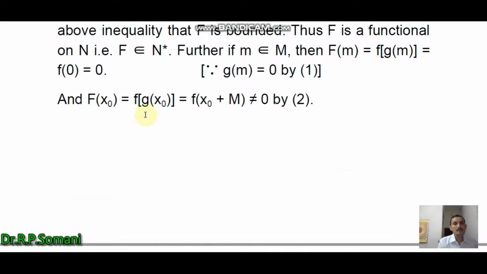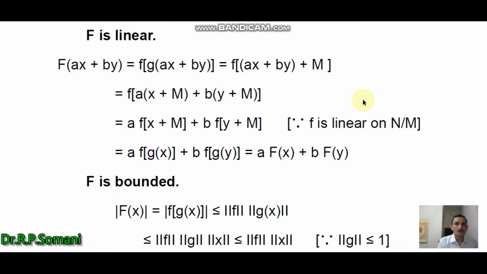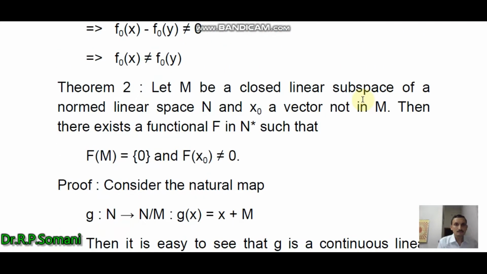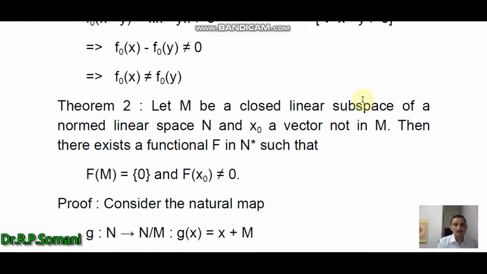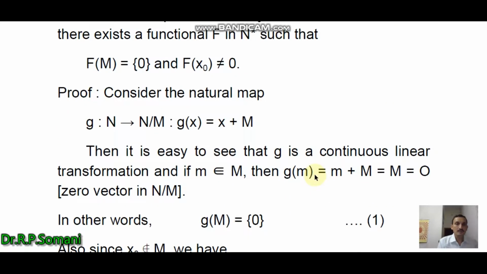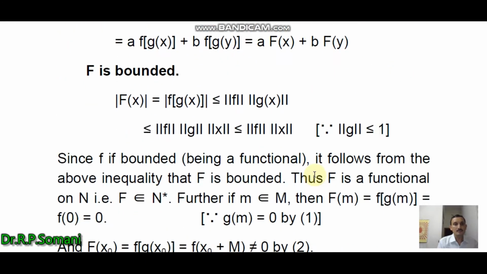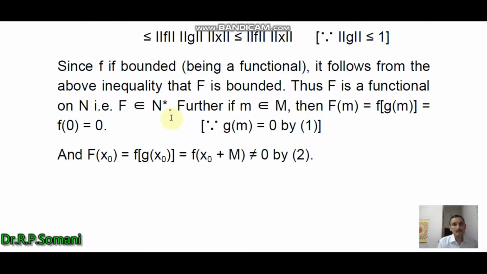So we obtained such a mapping f for which f(x0) is not equal to 0 and f(M) = 0. So we have found such a mapping f which is linear, bounded, and such that f(M) is equal to 0 and f(x0) is not equal to 0.